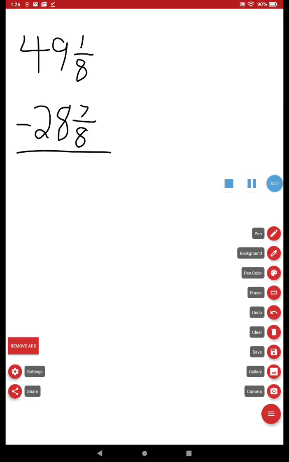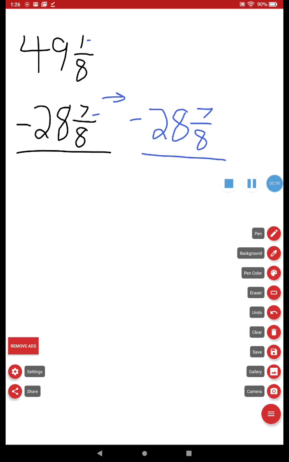Good, but I can't operate yet because 7 is smaller than 1. So I need to regroup. 28 and 7/8 is not the problem, so I'm going to rewrite it. 49 and 1/8 is, so I'm going to add by borrowing from 49.